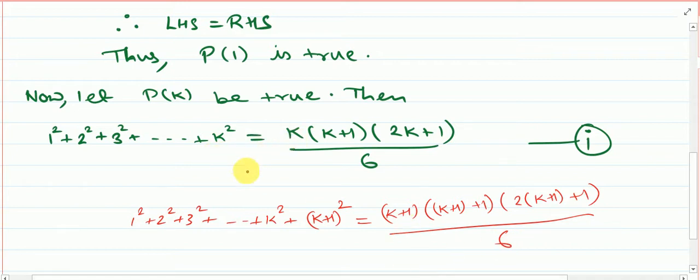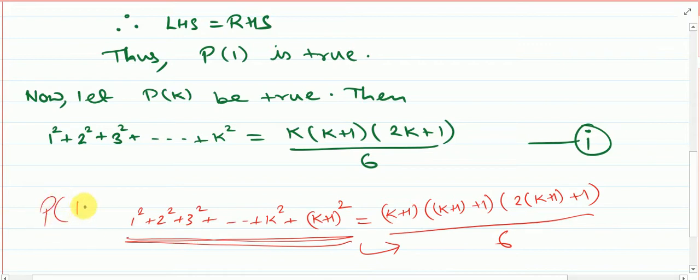So using this assumption, we should be able to show that this will be equal to this. That means this Pk plus 1 will be true.